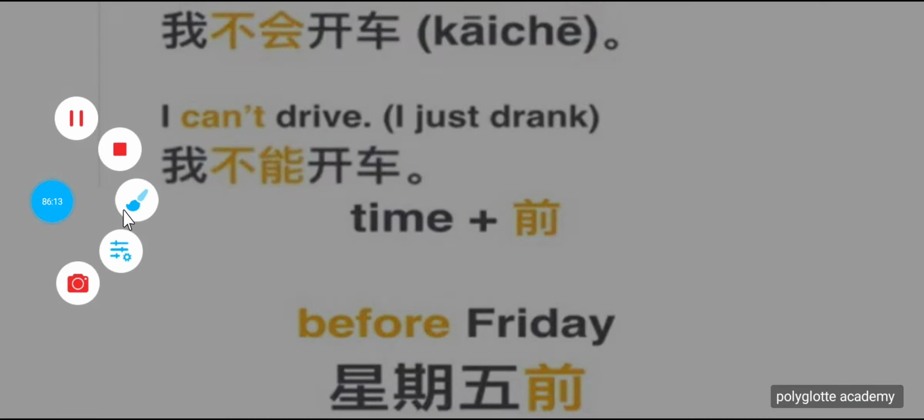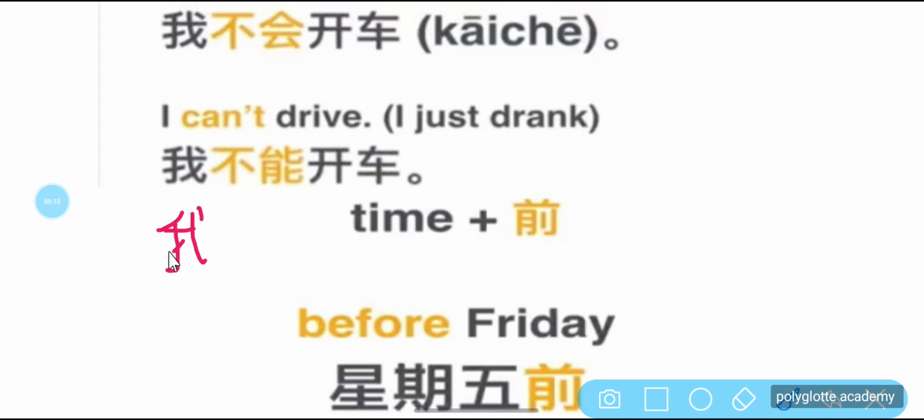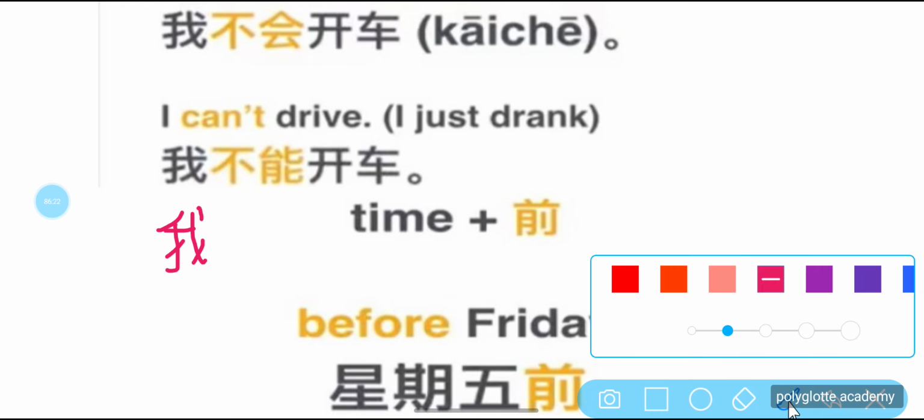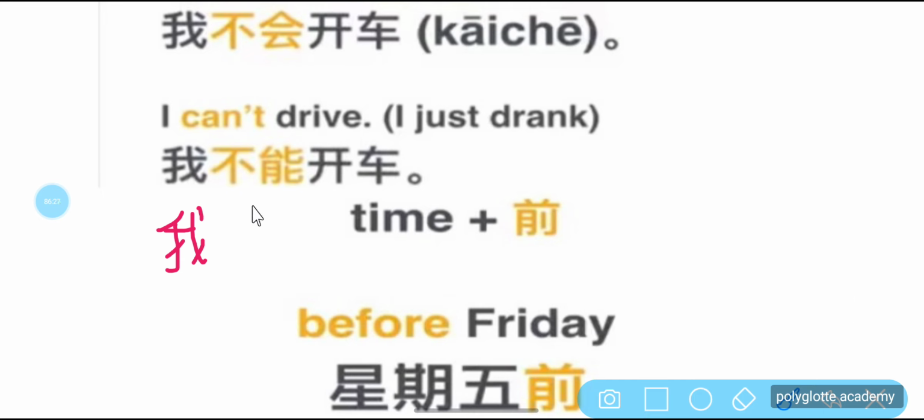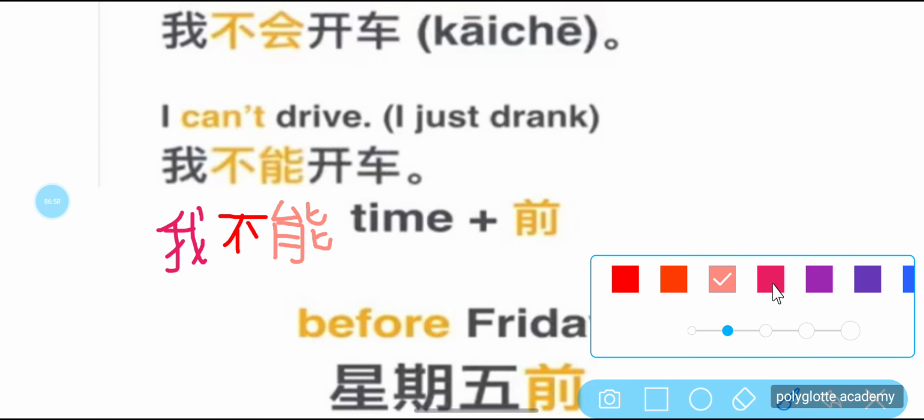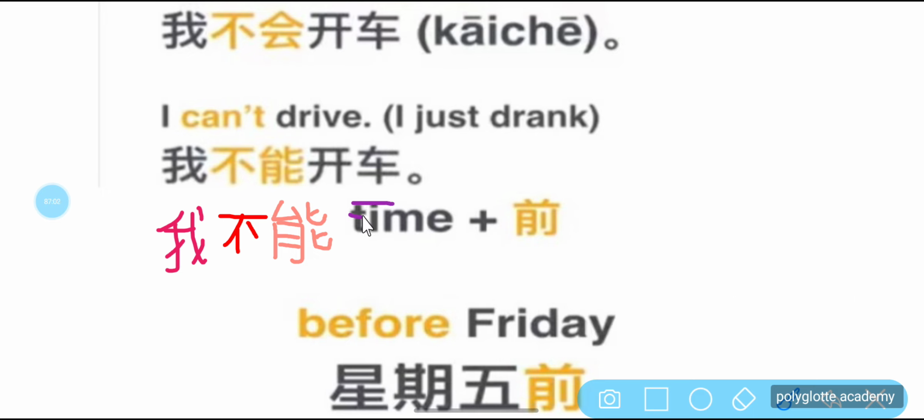So we are going to write the complete sentence using different colors as usual. 我不能开车. Kaiche, I'll just put it as a single word, 开车, which is to drive.